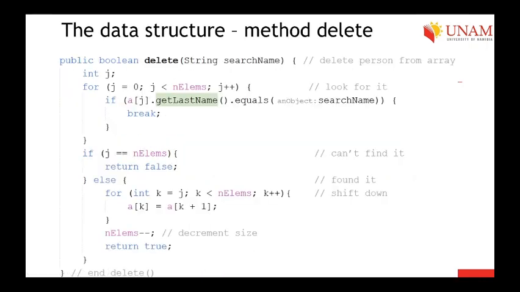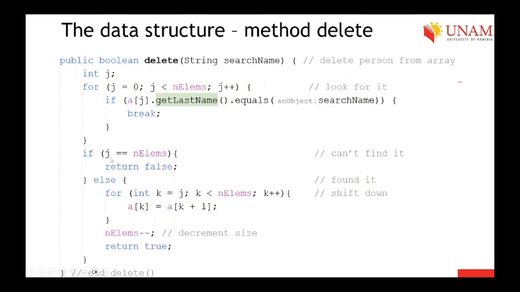Method delete, you can see that again it looks exactly the same as the method delete for when we were deleting in an ordered array of integers or longs. But in this case, what needs to change now is we are looking at the last name. So we still have to say if the person at position j's last name is equal to the search name that we are looking for, you get out of the loop.